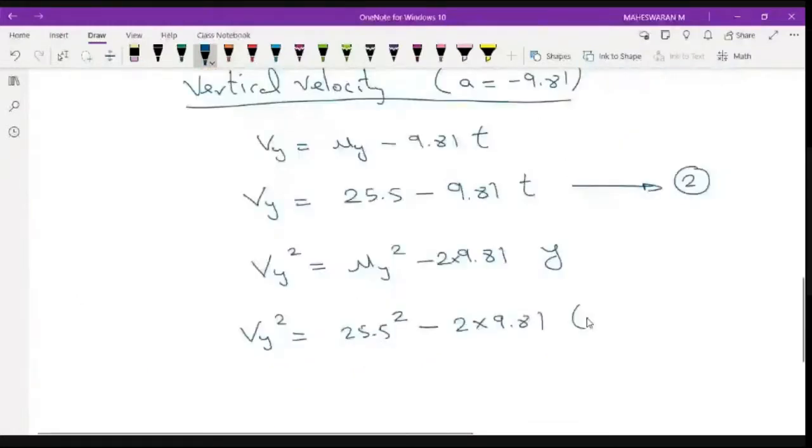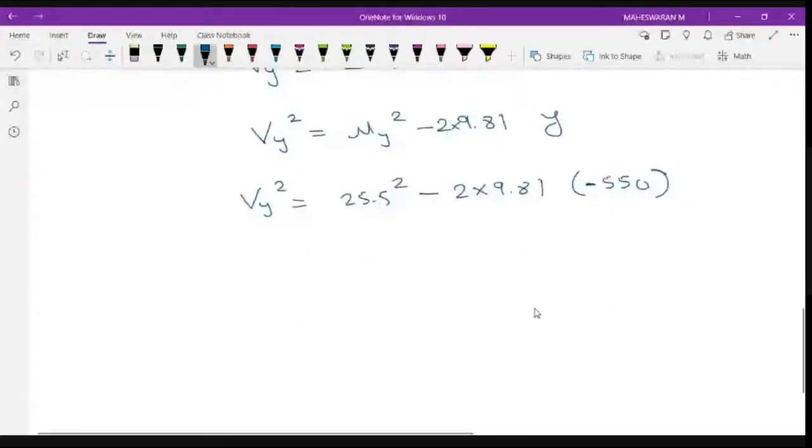So this becomes positive. You will get Vy square is equal to 25.5 the whole square plus 2 into 9.81 into 550.